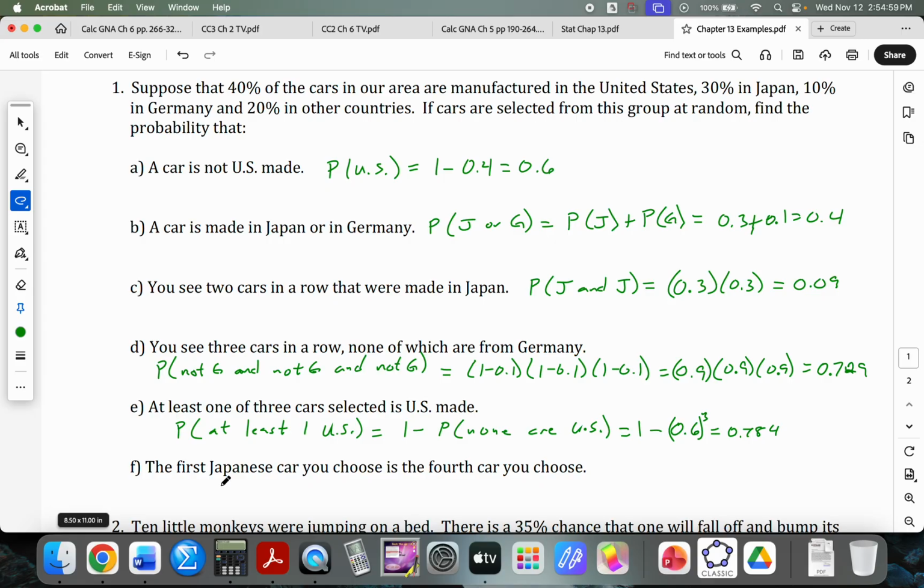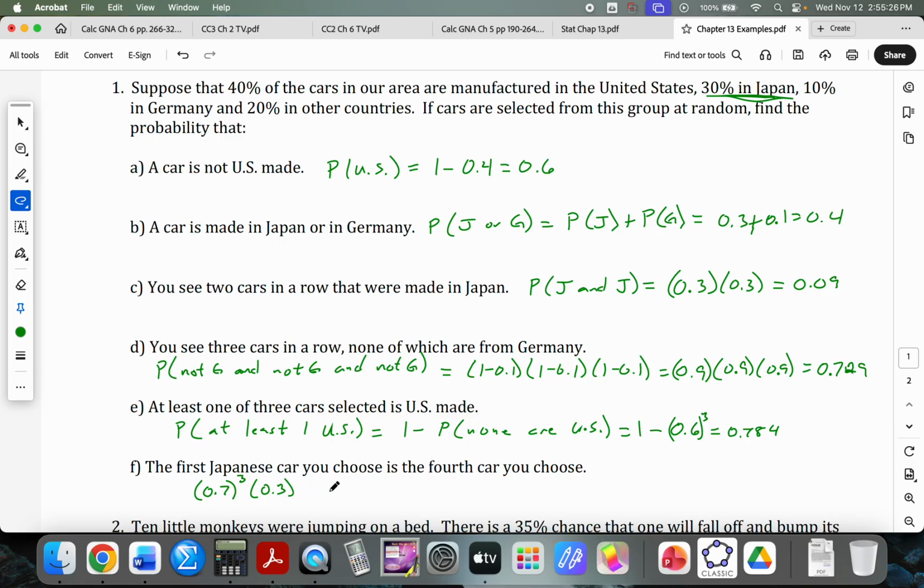All right. So what's the probability that it's not Japanese? 0.7. So this would be 0.7. And how many not Japanese do we want to have? 3 in a row. And then the next one, we want to have a Japanese car. 0.3.